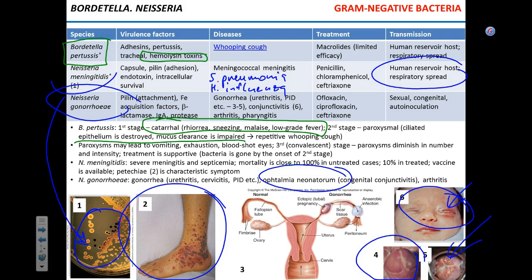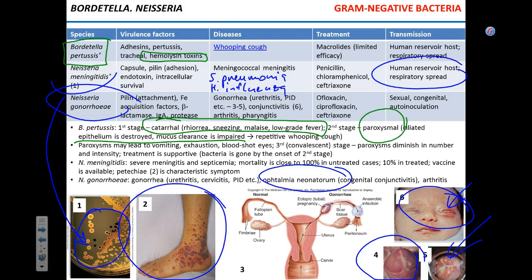And that leads to accumulation of mucus in the lower respiratory tract. Accumulated mucus, you know, leads to the attempt to cough it out. Fairly unsuccessful attempts. And that's what causes the whooping cough. This is called paroxysmal stage.